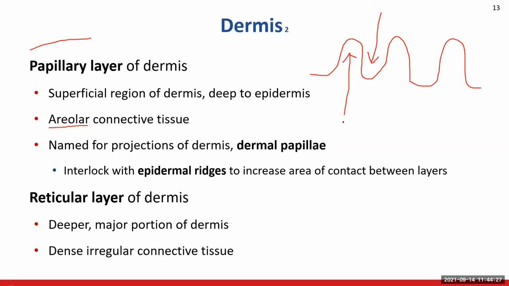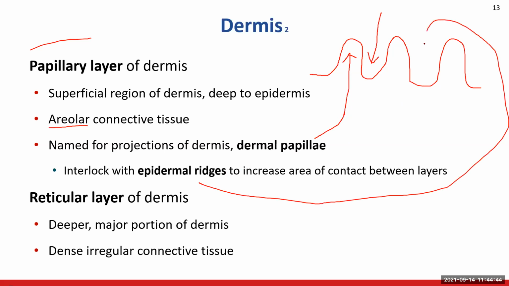So these projections of the dermis, we call these the dermal papillae. They're just bumps that go up into the epidermis. And then the parts that come down from the epidermis, that is going to be called the epidermal ridges. That's these guys right here.